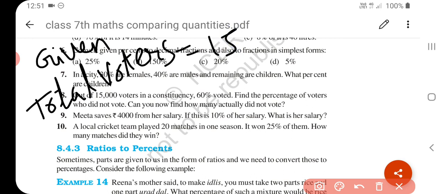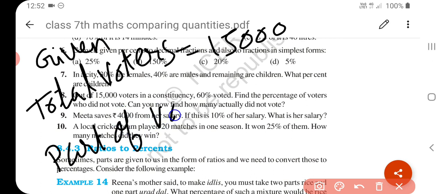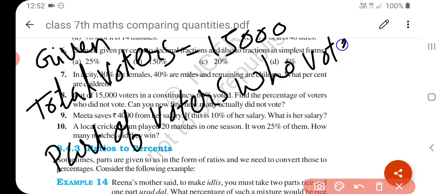is equal to 15,000. Part of voters who voted is 60%.